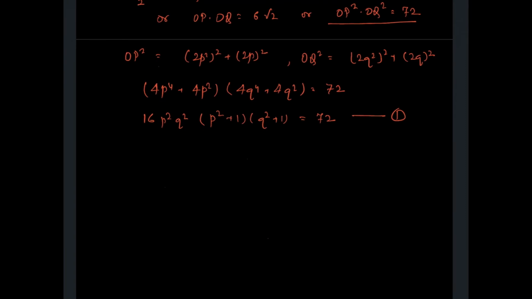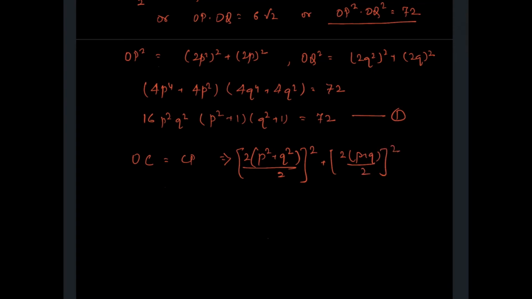And next we will use the fact that OC is equal to CP, because they are the radius, and we know the coordinates of C. So I can write OC as square root of ((p square plus q square) by 2) whole square plus ((p plus q) by 2) whole square, equal to CP.